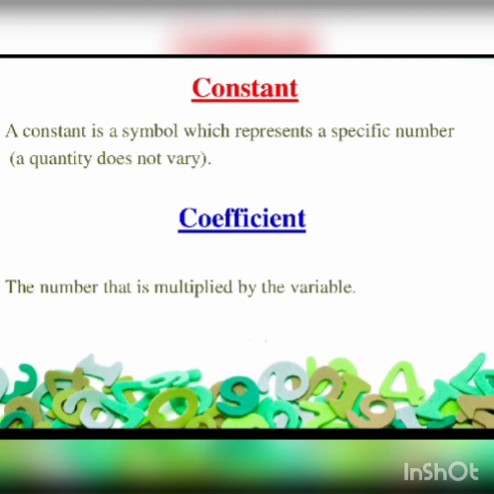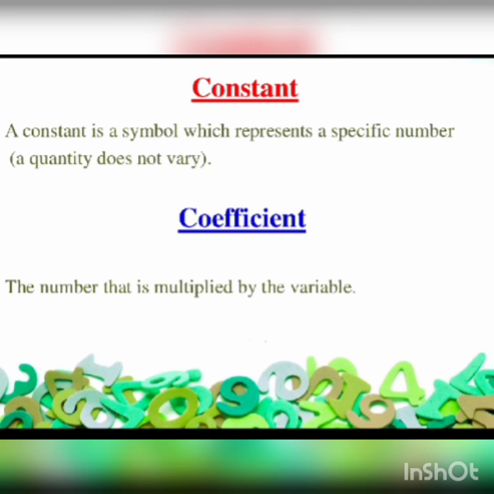For instance, pi, we already know that pi is supposed to be what? 22 over 7. It does not change. There are other constants like Avogadro's constant, and so on. They are fixed numbers that don't change. So there are some symbols, or sometimes we use numbers.